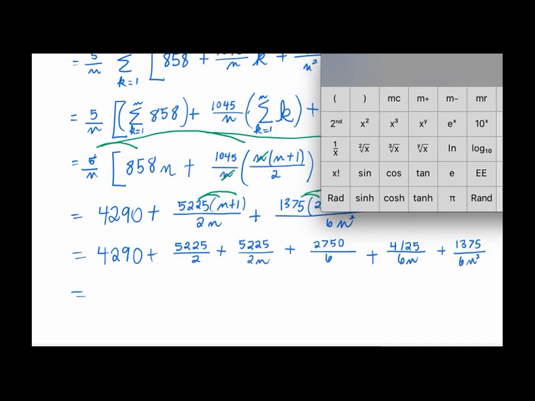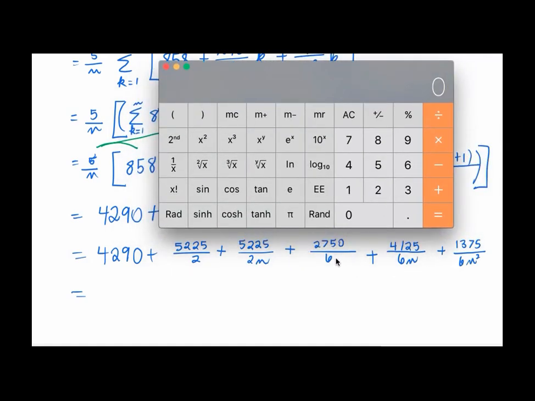All right, so the constants are 4290, 5225 over 2, and 2750 over 6. Those are my three constants. And if we try to divide this one, 2750 over 6, it's not a whole number, and it's also not divisible by 2, so we might as well just use 6 as a common denominator here.